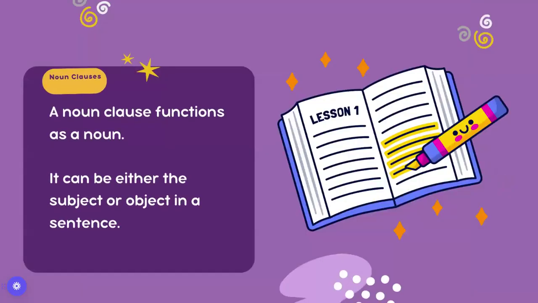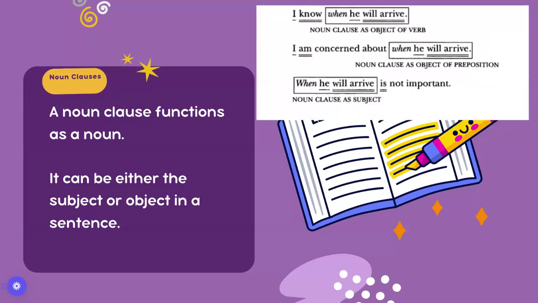Now let's talk about noun clauses. Noun clauses function as nouns. They can either be the subject or the object in a sentence. For example, I know when he will arrive. In this case, the noun clause is the object of a verb.